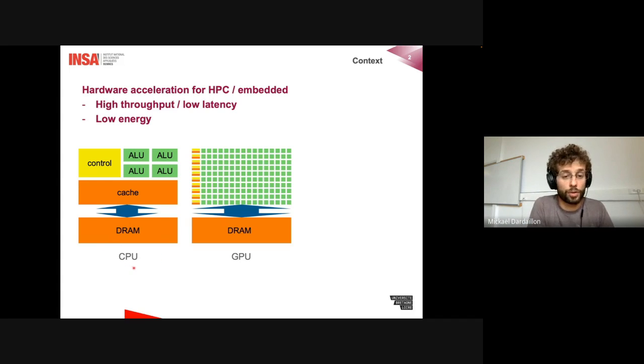But we got also some specialized hardware, GPU being one of them, with the same external memory, but a lot of very small arithmetic logic units programmed in more of a SIMD or SIMT manner. We still find some small memory and control to control the run. And the idea is to increase the density of the ALU and also increase the bandwidth to be able to process a lot of data.